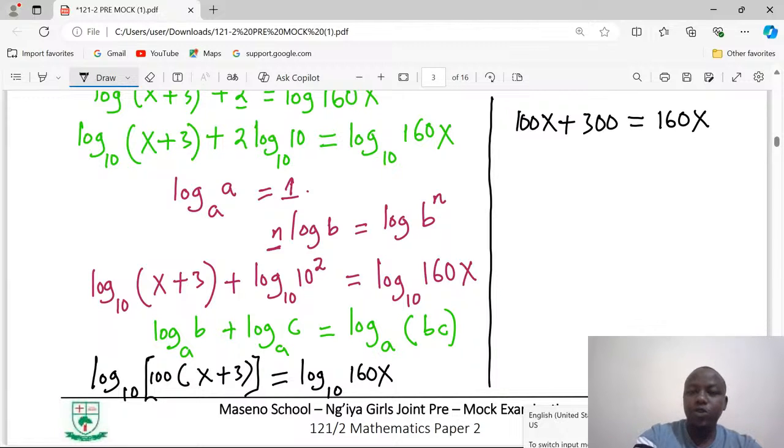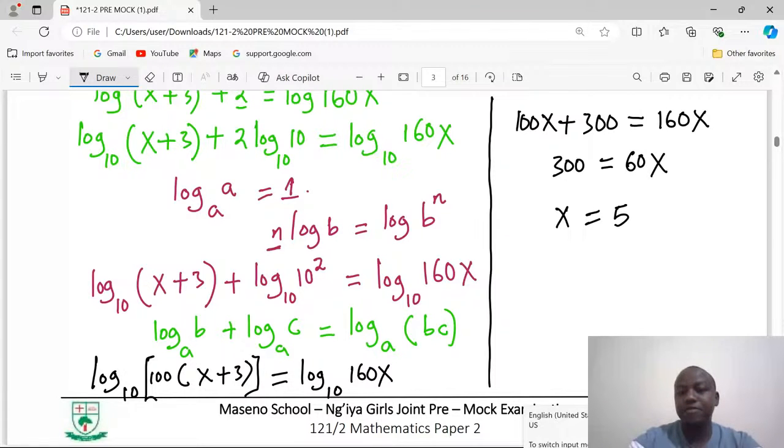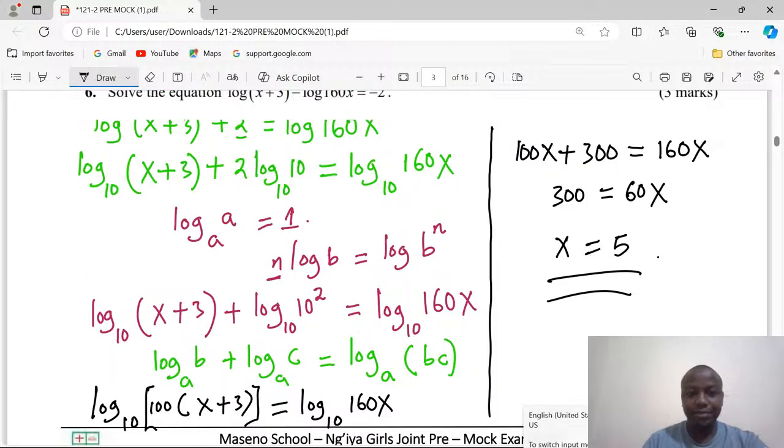So that when I group like terms together, I shall remain with 300 equals 60x, because 160 minus 100 will give us 60. Therefore, the value of x, when we divide by 60, we are supposed to get 5 exactly. So that is the value of x according to this equation.